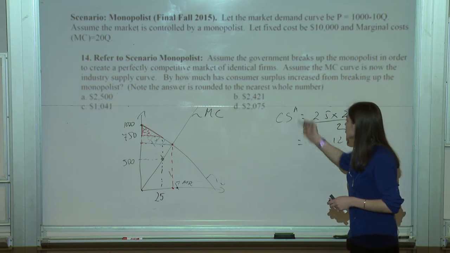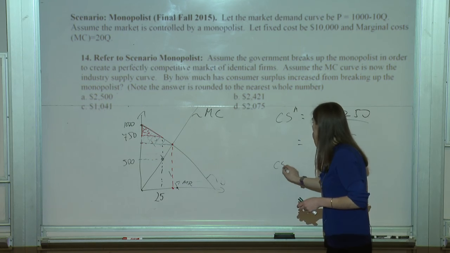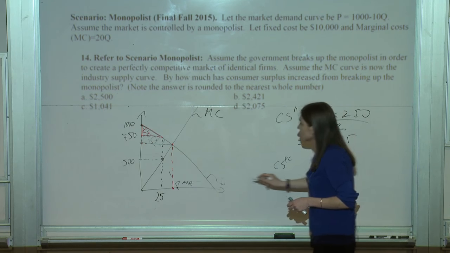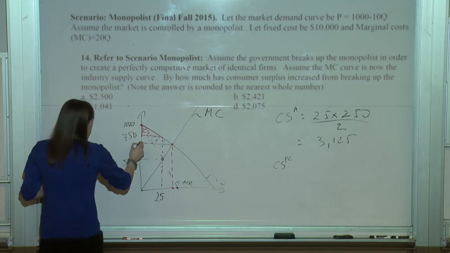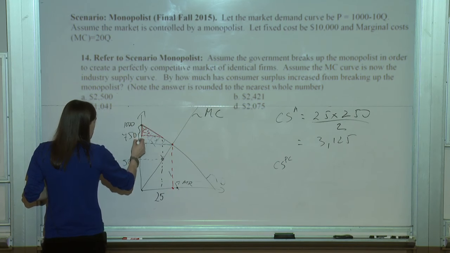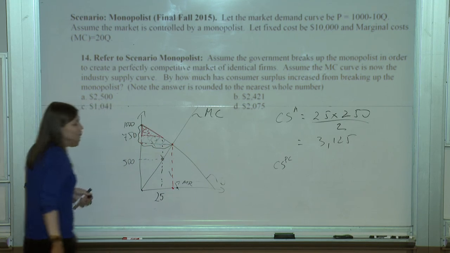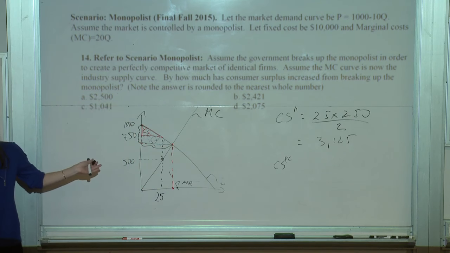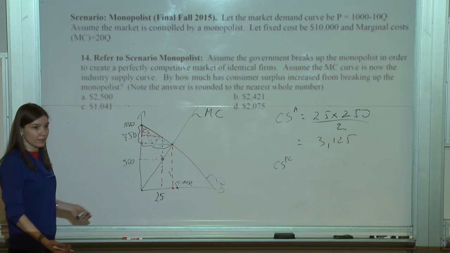All right, so this is the consumer surplus in monopoly. The consumer surplus in perfect competition would be, well, it's again a right triangle. So this side times this side divided by 2. I know neither of those yet, but I can find them.